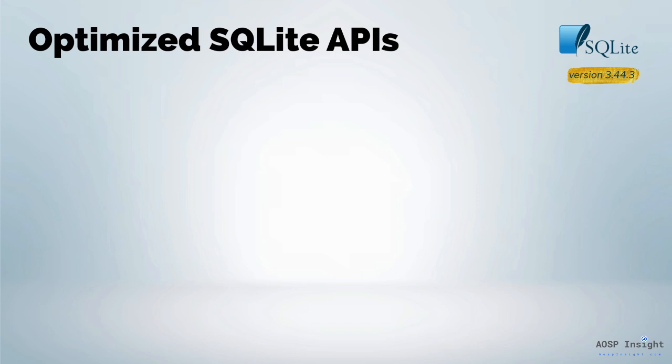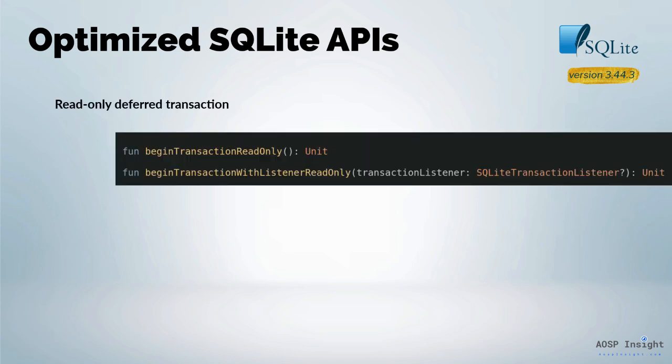For example, when you are fetching some information from the tables, so it's kind of like read-only commands or execution. So they have provided some new methods in SQLite, which is in version 3.44.3, as a read-only deferred transaction: beginTransactionReadOnly, and beginTransactionWithListenerReadOnly to issue read-only deferred transactions.